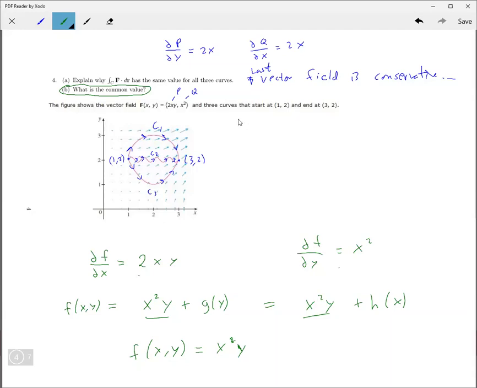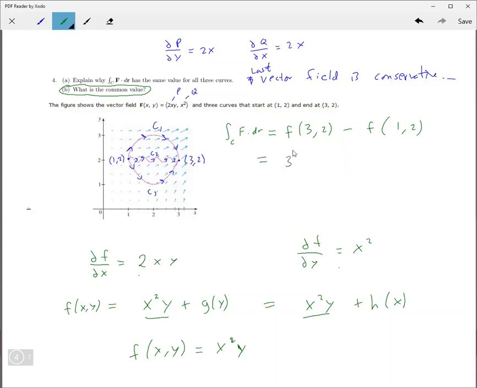Okay, now, the integral, okay, so we're going from here to here. That's going to be f of the endpoint minus f of the beginning point. And this f right here.